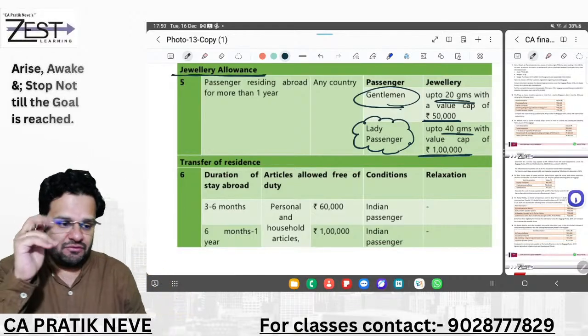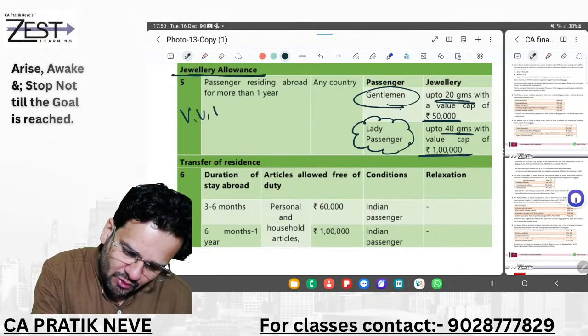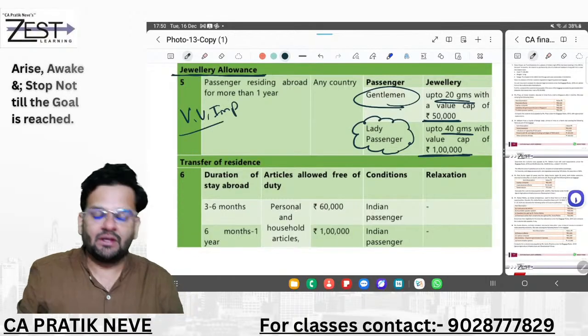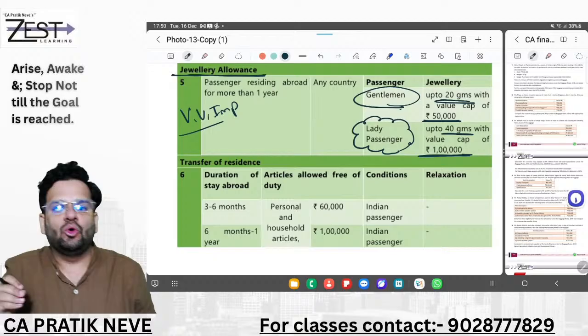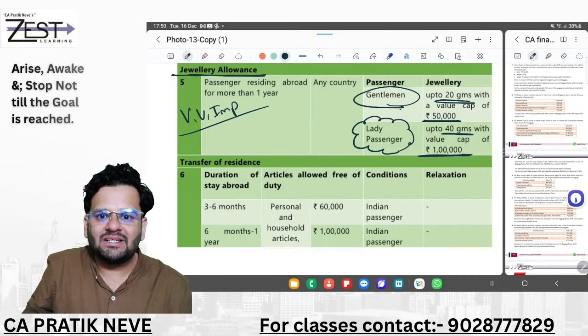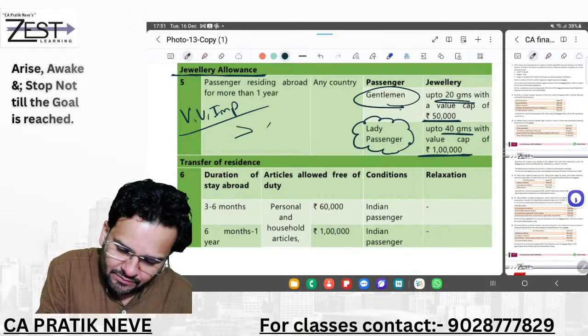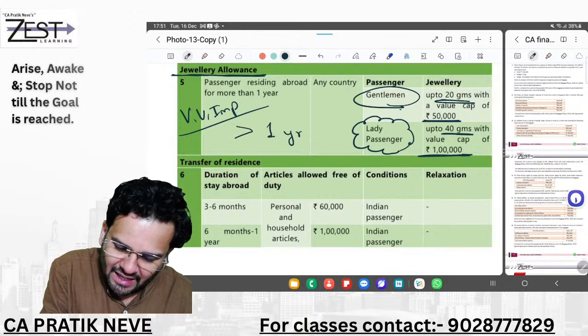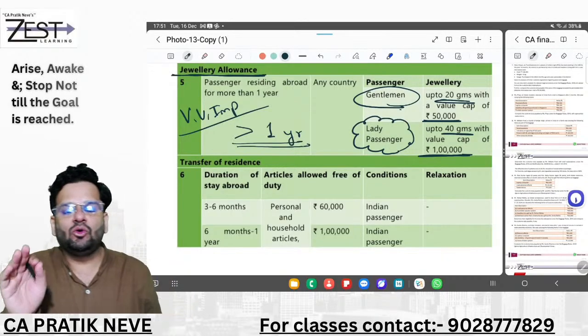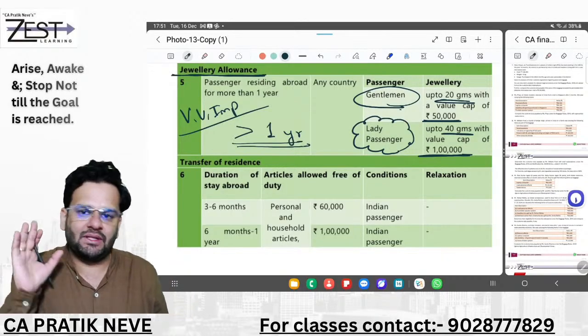But one very, very important condition, when can you claim this? You can claim this only and only when your stay abroad is exceeding 1 year. Your stay abroad should be exceeding 1 year, then only this allowance is given.